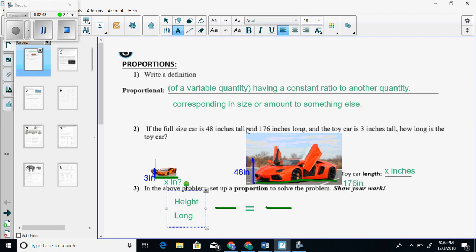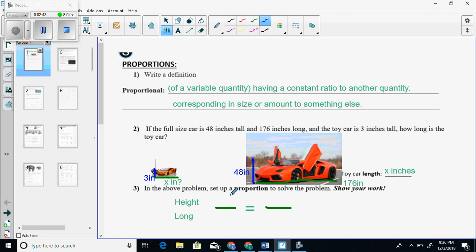Okay, so up here is my height in blue. So I know that the toy car is 3 inches tall, and I know that the Lamborghini is 48 inches tall. So those are in equal proportion. This is a lot like similarity.